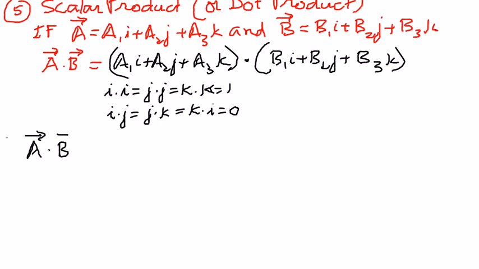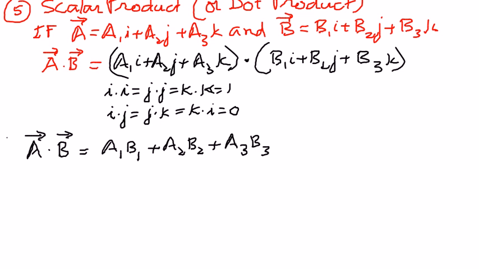So once we recognize that, we can write this dot product, vector A dot vector B, as a1 b1, since i dot i is equal to 1 we don't write that, plus a2 b2, since j dot j is equal to 1, plus a3 b3, since k dot k is equal to 1, and then the rest of the elements, for example a1i with b2j, are 0, so we did not write those elements down.